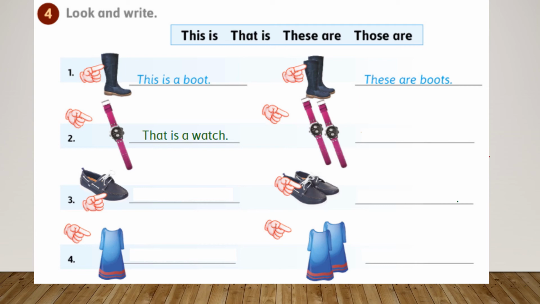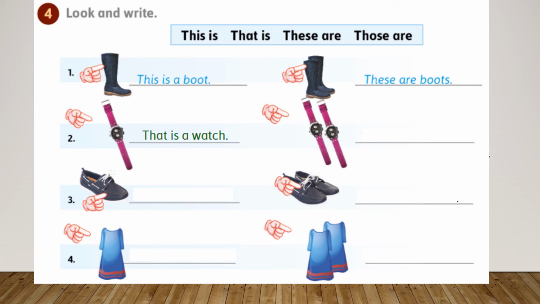But we use that is when we point at one thing which is far from us. These are and those are are for plural, but we use these when you point at many things in front of us or very close to us. But when many things are very far from us, we say those, okay?